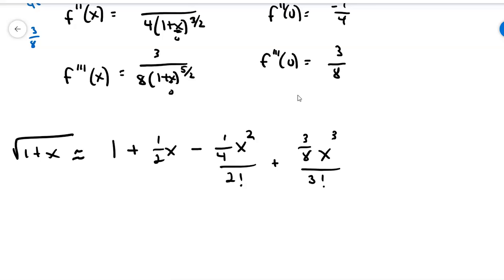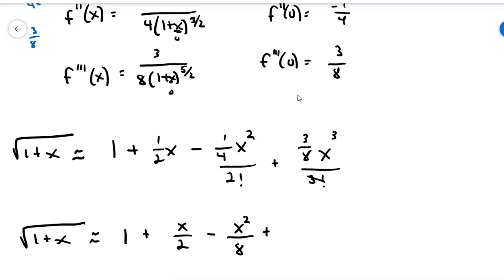And certainly we can simplify this a little bit, right? Square root of 1 plus x is approximately equal to 1 plus x over 2 minus x squared over 8, that 4 times 2 will give me 8, plus, 3 factorial, if I cancel a 3 on the top, will just give me a 2, and I'll end up with plus x to the third over 16. So there's my third degree Taylor polynomial.